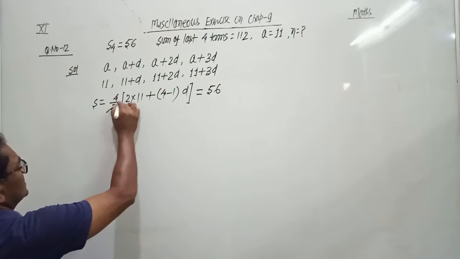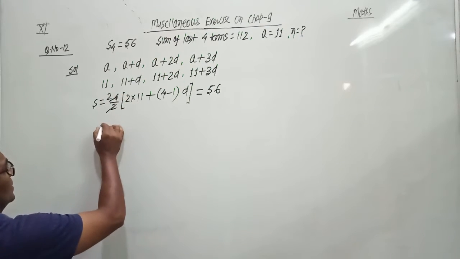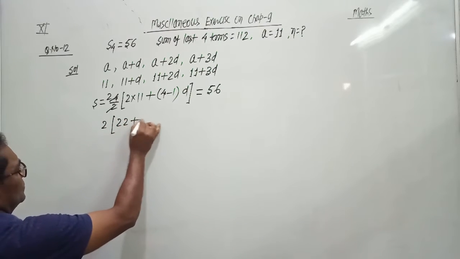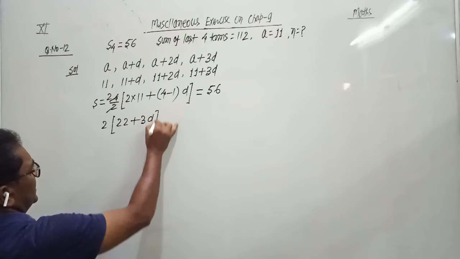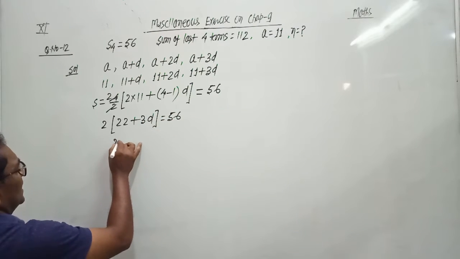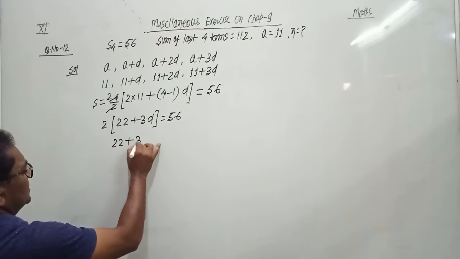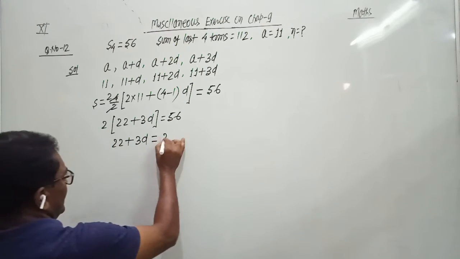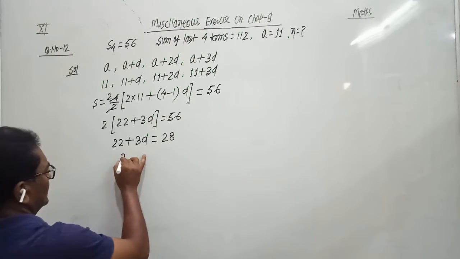So we solve this: 2 into 22 plus 3d equals 56. And 22 plus 3d equals 56 divided by 2, 28.